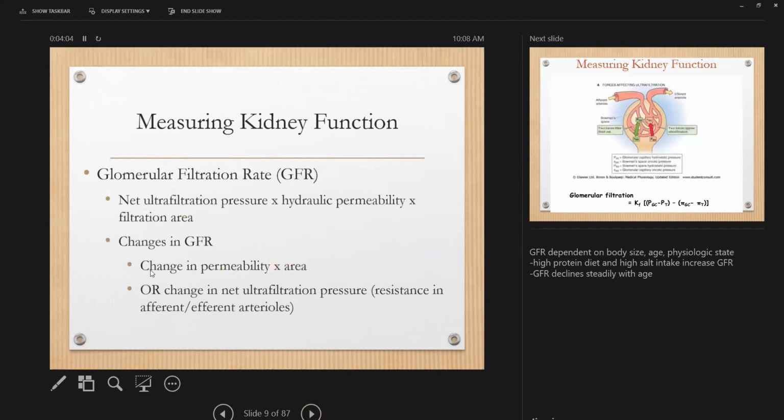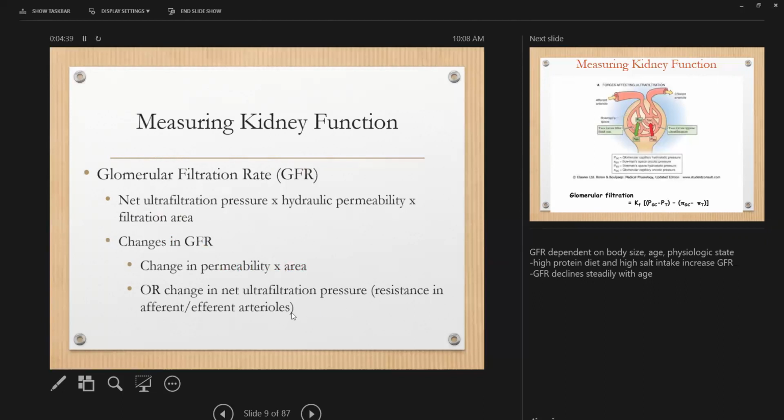So when we get changes in the GFR, that change is going to be in its permeability or in its net ultrafiltration. When our GFRs go down, or we get a lower GFR under 60, it's telling us that one of these two things is not working properly. So either there's been a decrease in the area of permeability, or there's been a decrease in the glomerulus' ability to do its ultrafiltration, something's happened here.